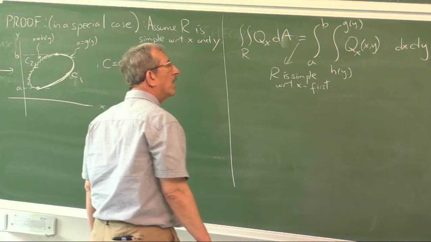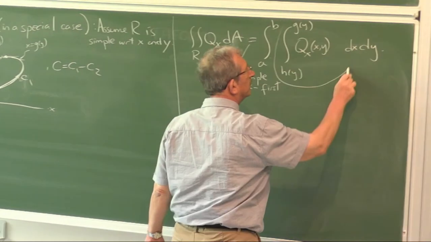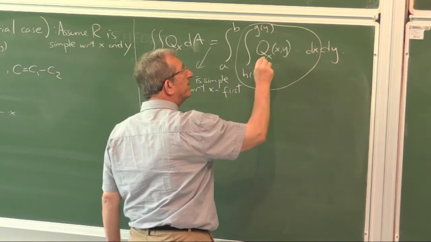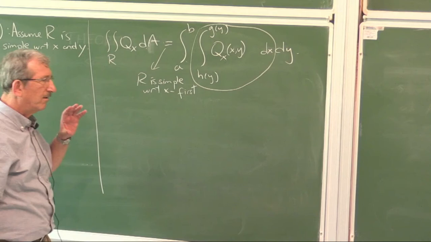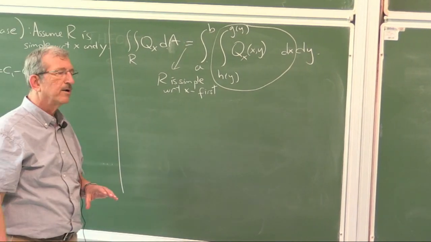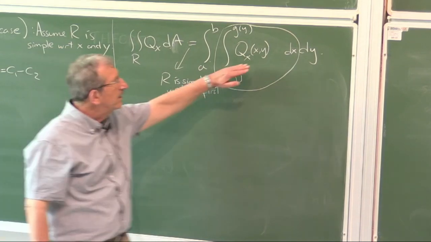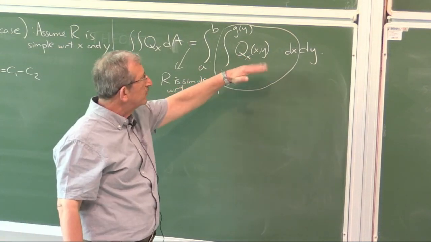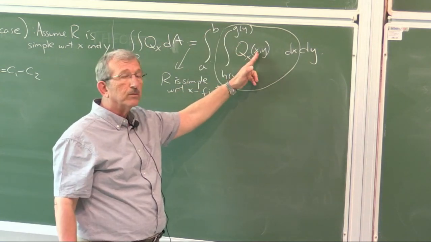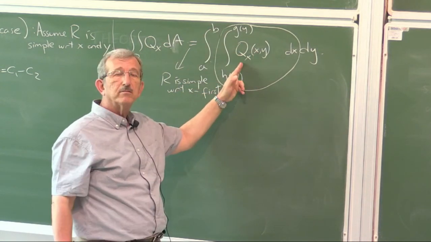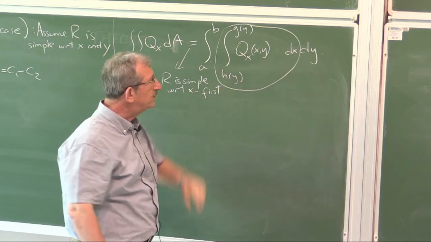Now, let me look at the first integral more carefully. Remember, q sub x is the derivative of q of x, y when y is constant. This means that, because y is constant in this first integral, we can regard it as a function of x alone. And you differentiate, and then you integrate. So what does all this say?